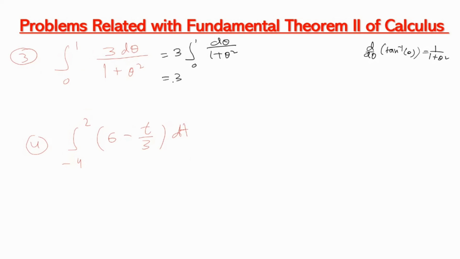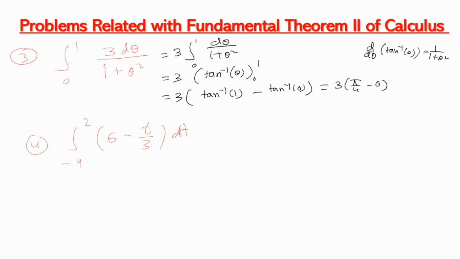So this is equal to 3 tan inverse theta, limit is 0 to 1. So therefore this is 3 tan inverse of 1 minus tan inverse 0. So this is 3 pi over 4 minus 0. So the answer is 3 pi over 4.